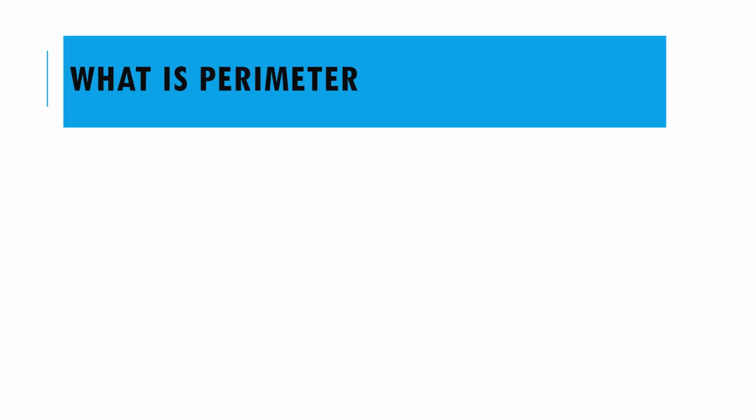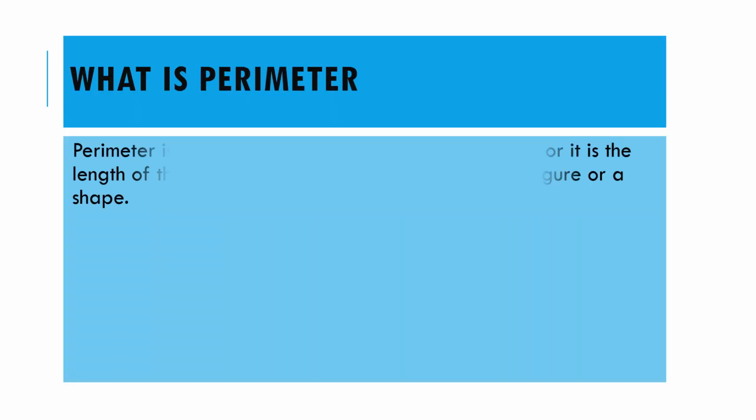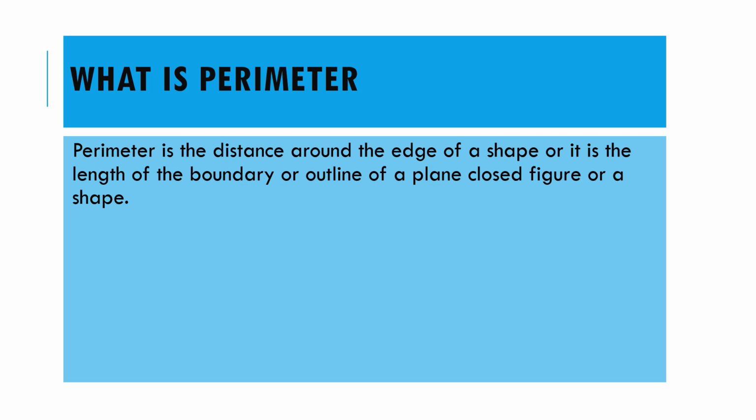What is perimeter? Perimeter is the distance around the edge of a shape, or it is the length of the boundary or outline of a plane closed figure or a shape, or it is the sum of the length of the sides. Its unit is meter and centimeter.